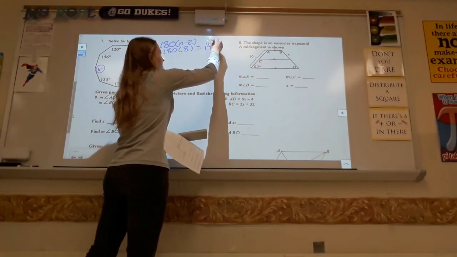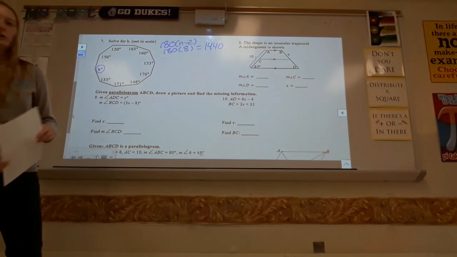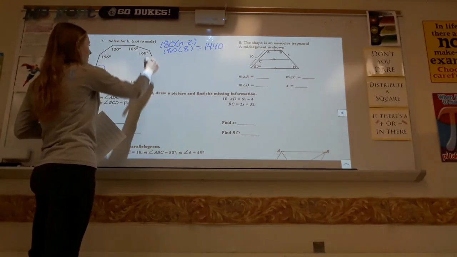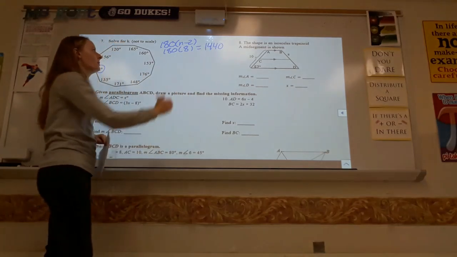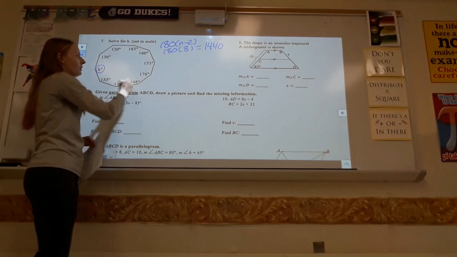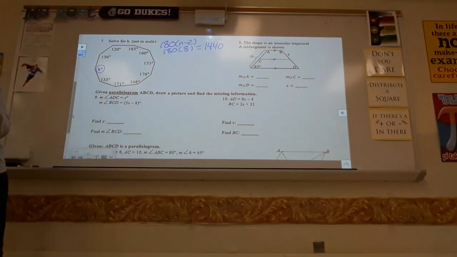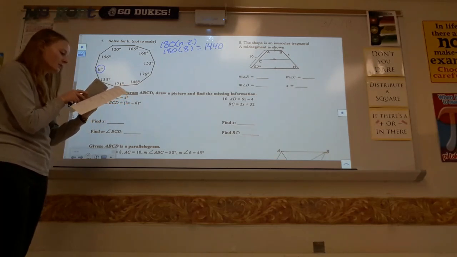Okay. So using the formula for finding the sum of interior angles, which works for every shape, I know that all 10 of these angles should add to this, okay? But, hold on. Now what I'm going to do is add all these together. I'm going to swap backwards here.